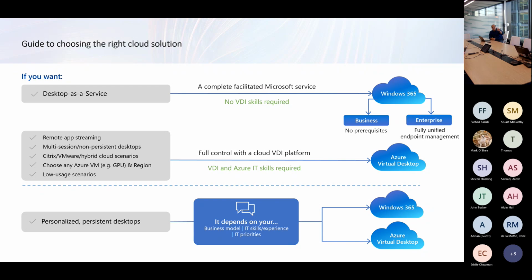Absolutely spot on. That brings us back to our slide. If you look at the middle section, if you went ahead and made a decision around Azure Virtual Desktop, you better have Azure guys on your team. You better have an IT team for your company. Else, you won't succeed, whether you're a partner or an MSP.